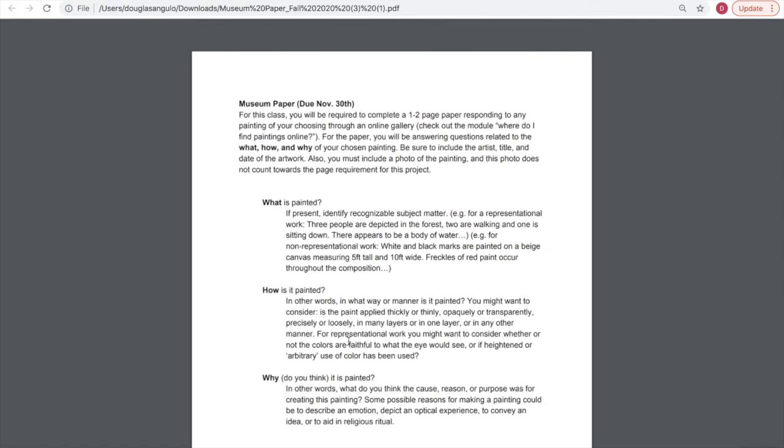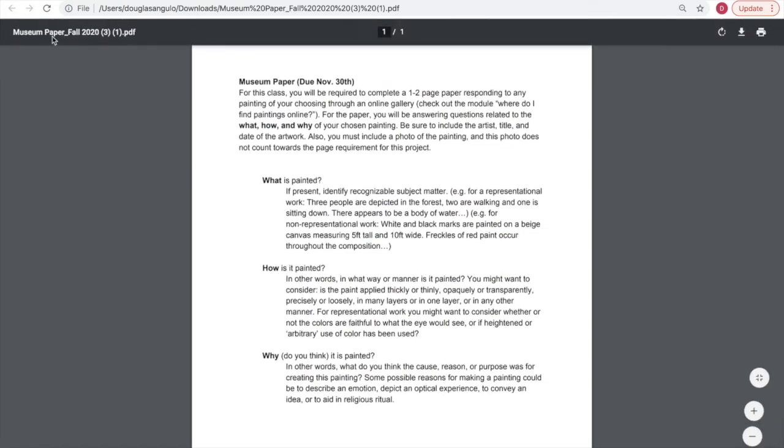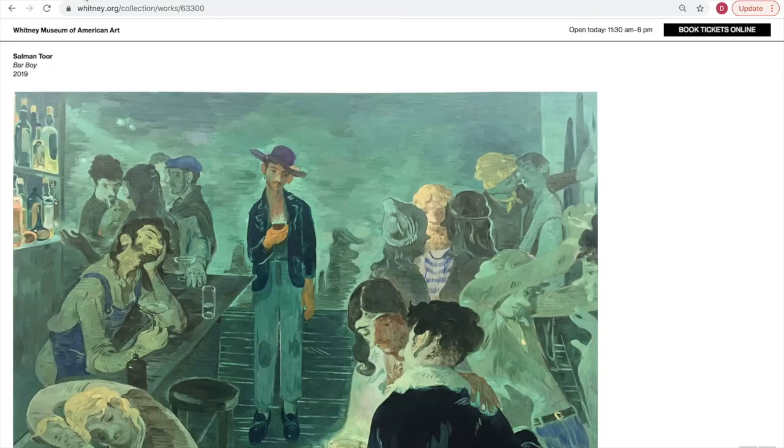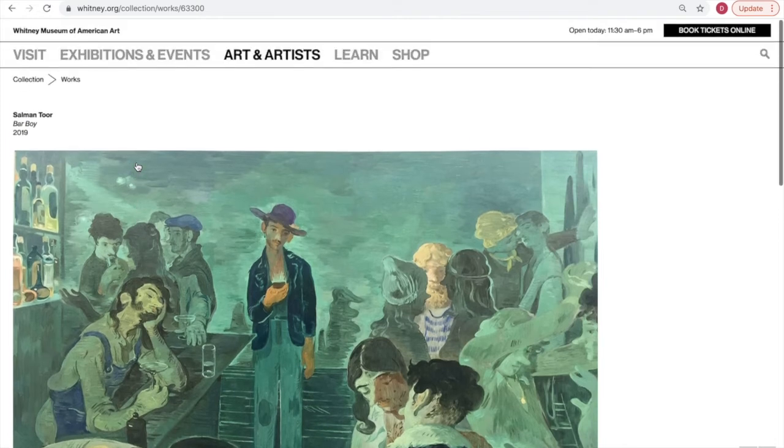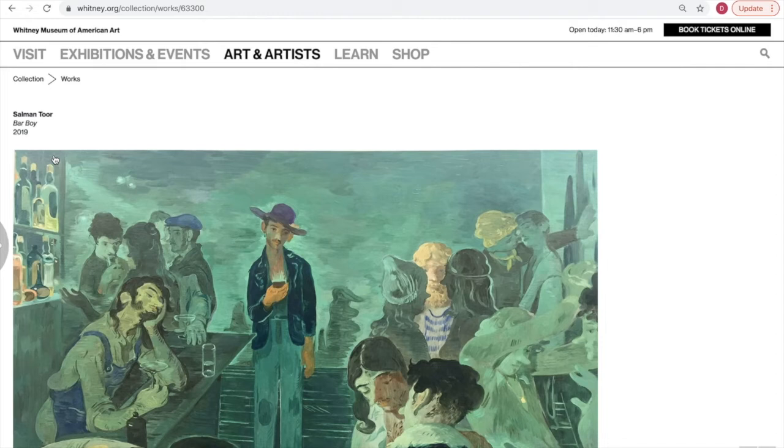Okay, so what I'm going to do is I'm going to go through an artwork, and this is artwork that we went through in the last check-in meeting. We talked about this artwork. But I'm just going to go through and briefly answer these 3 questions. So this is a work that I found through the Whitney link, and this work is done by Salman Toor.